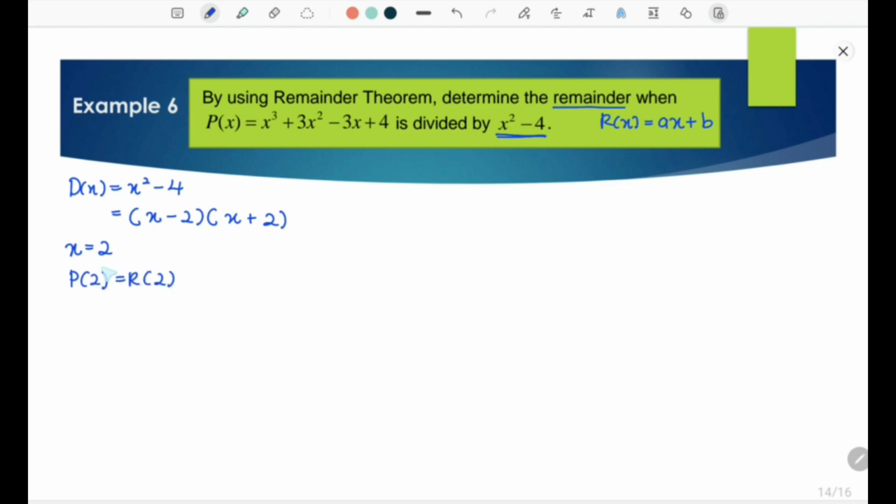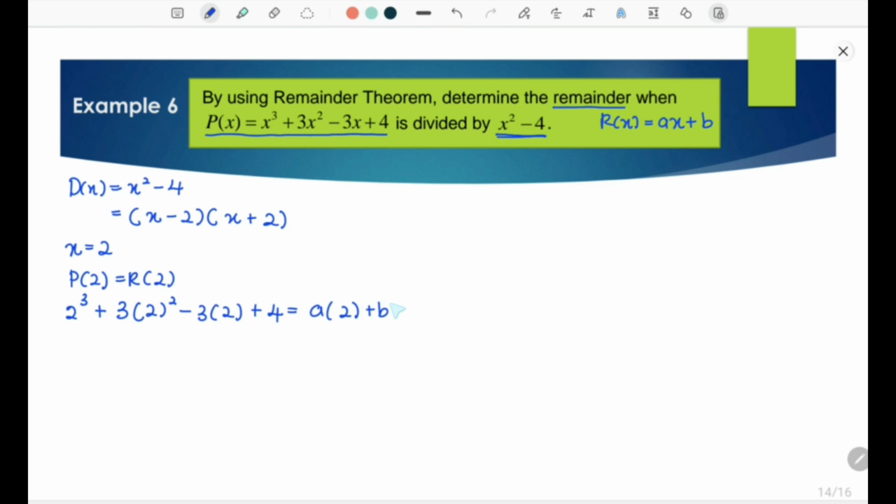So I'm going to substitute x equal to 2 in this polynomial and also the remainder here. So we have 2 cubed plus 3 times 2 squared minus 3 times 2 plus 4 equal to, for the remainder here, a times 2 plus b.